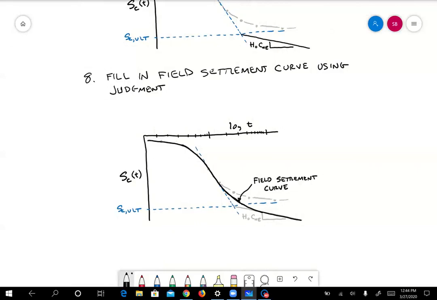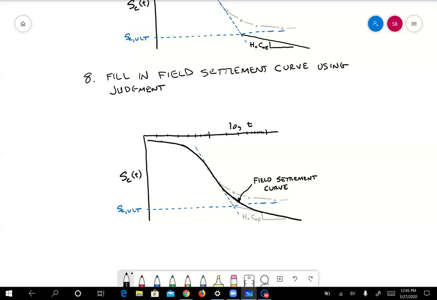Then the 8th step, we fill in the settlement curve using judgment, right? So here we have this gray curve from Terzaghi's one-dimensional consolidation solution. Now we have this line that we just did in step 7 that's also been grayed out. And we're just going to fill that in with this black line using judgment.